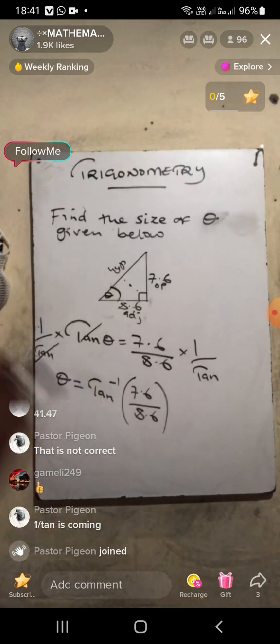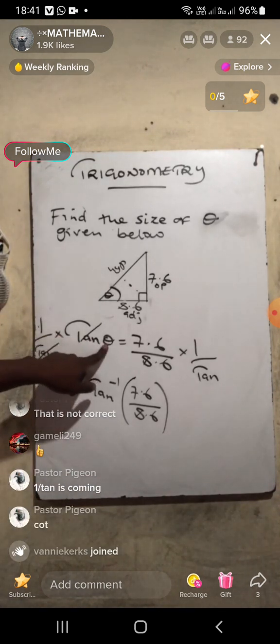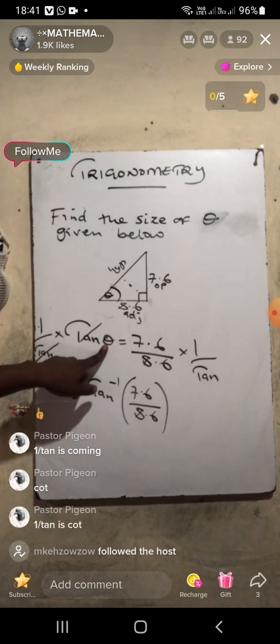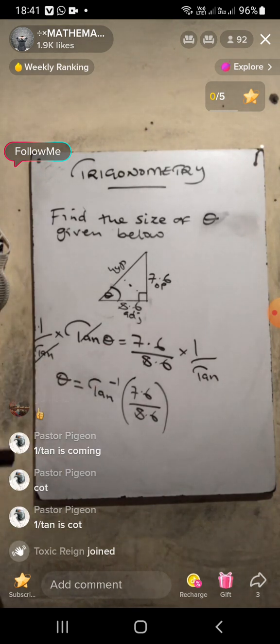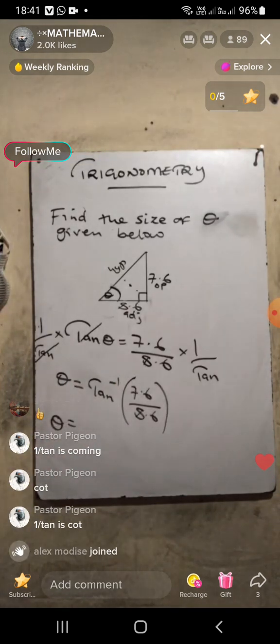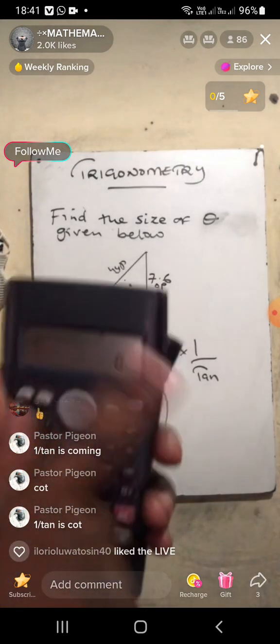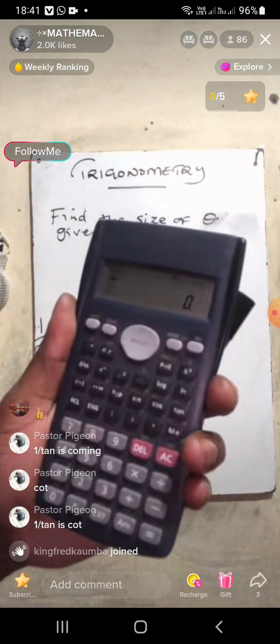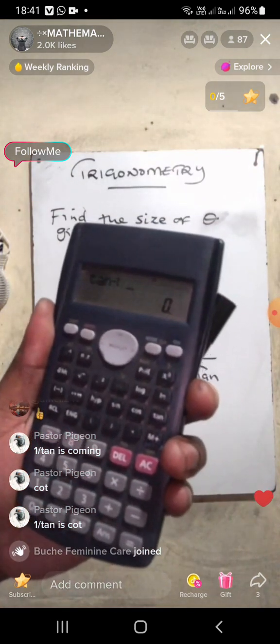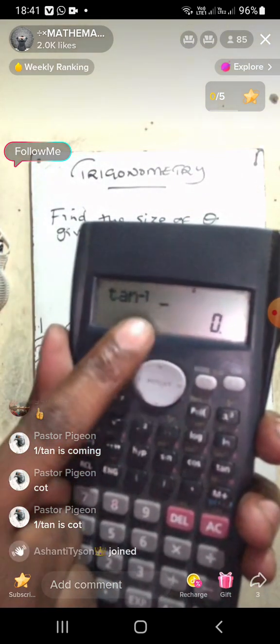Okay, so now what we are going to do is, because what we are doing is we are trying to find the theta. Okay, so now look at this. So what's going to happen is we are going to say theta is equal to, okay, then we go to our calculator, sorry. So we're going to say shift, then tan. Okay, it brings tan inverse, right? So we go shift, then tan, it goes to tan inverse.